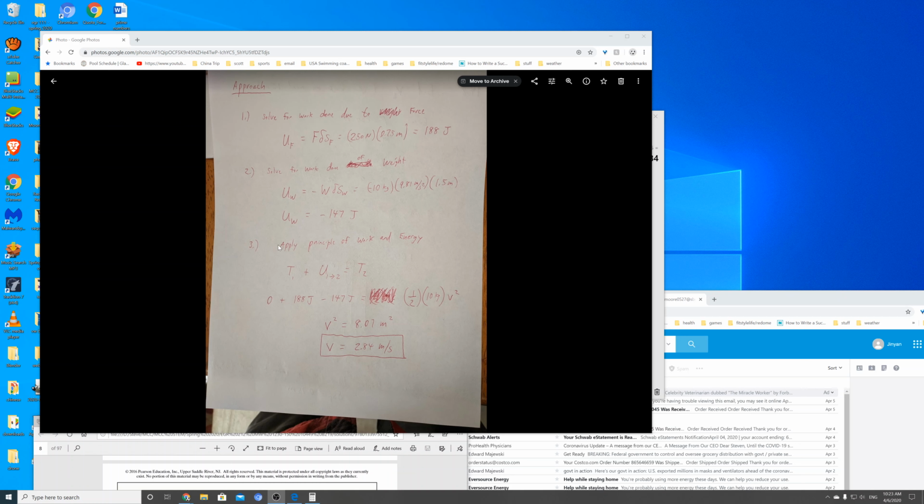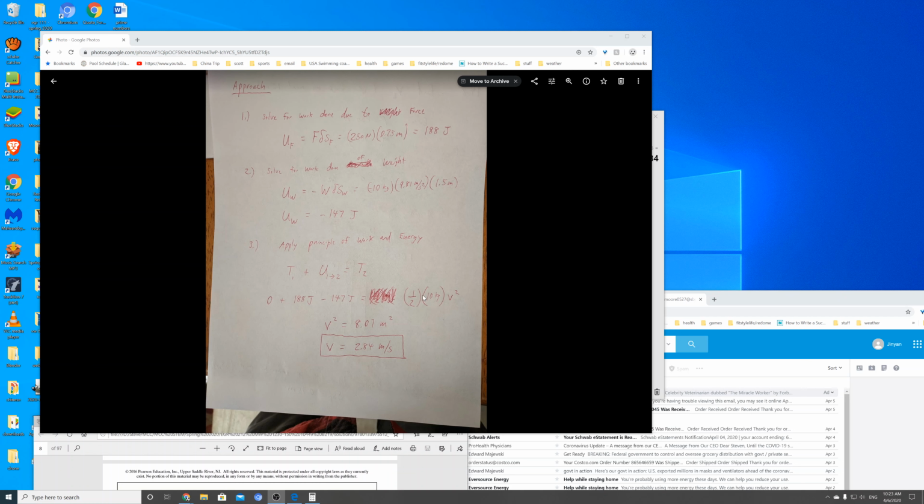Okay. Now the third step will apply the principle of work and energy. All right. So we have our initial kinetic energy associated with the block, which is zero because it starts at rest. And then work is being done. Okay. Positive work of the force and the negative work of the weight. And that is going to be equal to the final kinetic energy of the block.